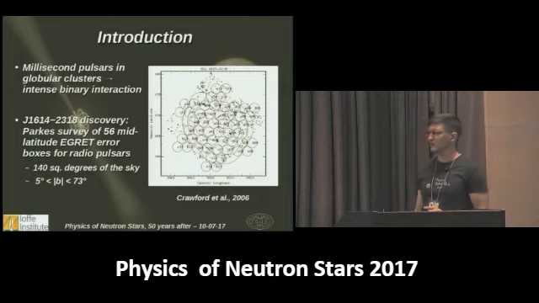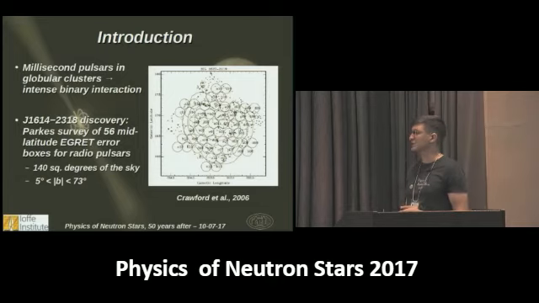Nowadays, there are more than 350 millisecond pulsars known, and the fastest millisecond pulsars can spin up to the point when their spin down energy can be similar to the young pulsars and therefore allow them to emit also in gamma ray, and therefore these millisecond pulsars can be also radio counterparts to the unidentified gamma ray sources, for instance those found with the EGRET telescope on the Compton Gamma Ray Observatory.